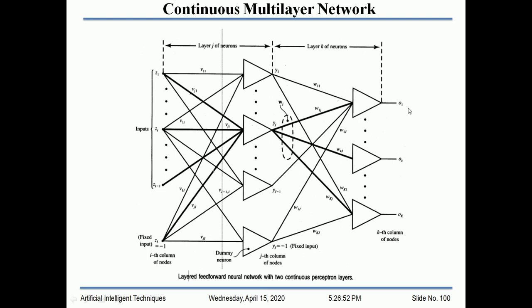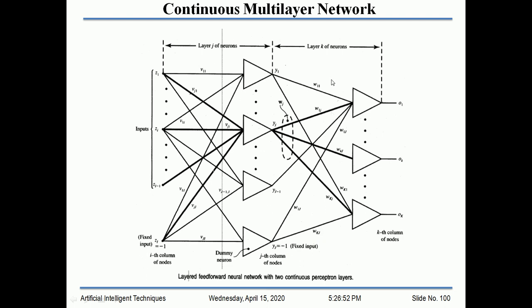You can understand that error. What is the error here? D1 minus O1, D2 minus O2, D3 minus O3, up to Dk minus Ok. That error is propagated in a backward direction in updating the interconnection weights, or in calculating the new weights.